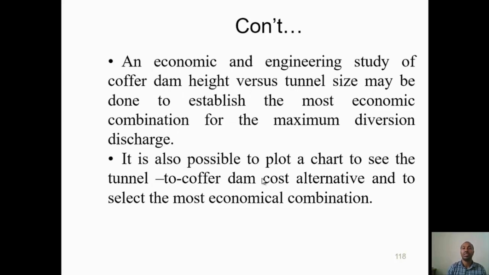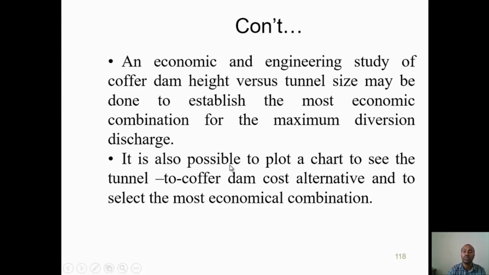An economic and engineering study of coffer dam height versus tunnel size may be done to establish the most economic combination for the maximum diversion discharge. To convey the discharge which is coming in the river, coffer dam height and tunnel size must be balanced or optimized.